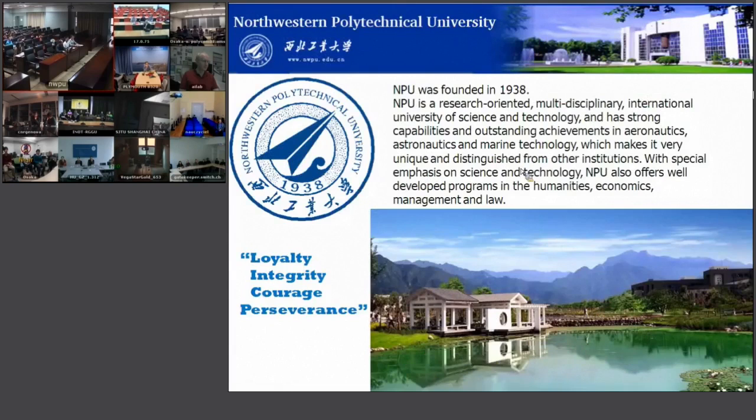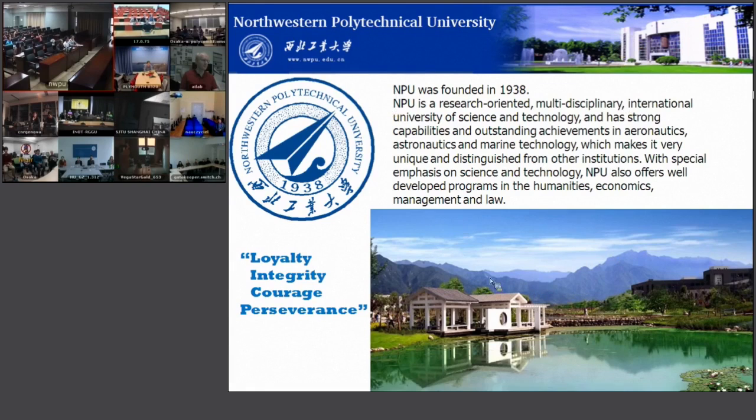NPU is a research-oriented, multidisciplinary international university of science and technology, and has strong capabilities and outstanding achievements in aeronautics, astronautics, and marine technology, which makes it very unique and distinguished from other institutions. Our new campus, the Chang'an campus and the Youyi campus.